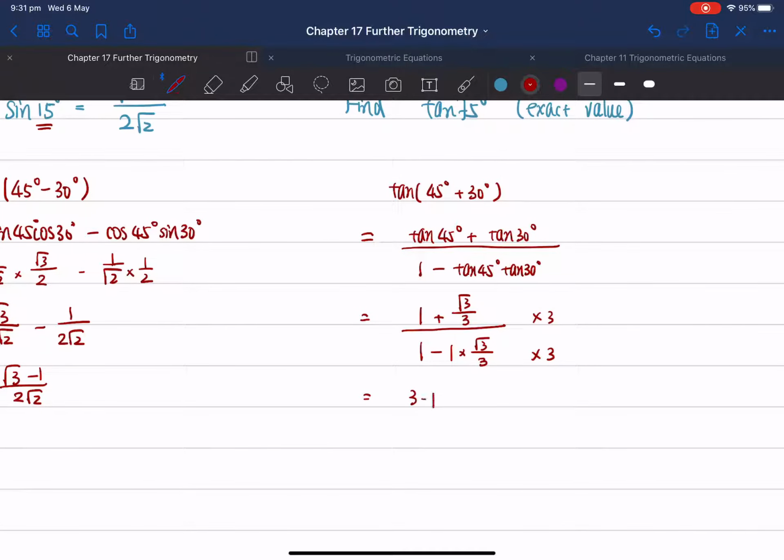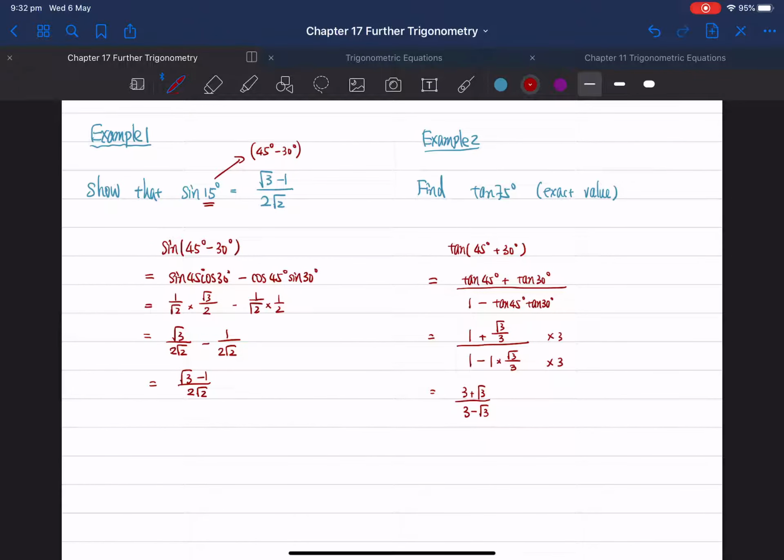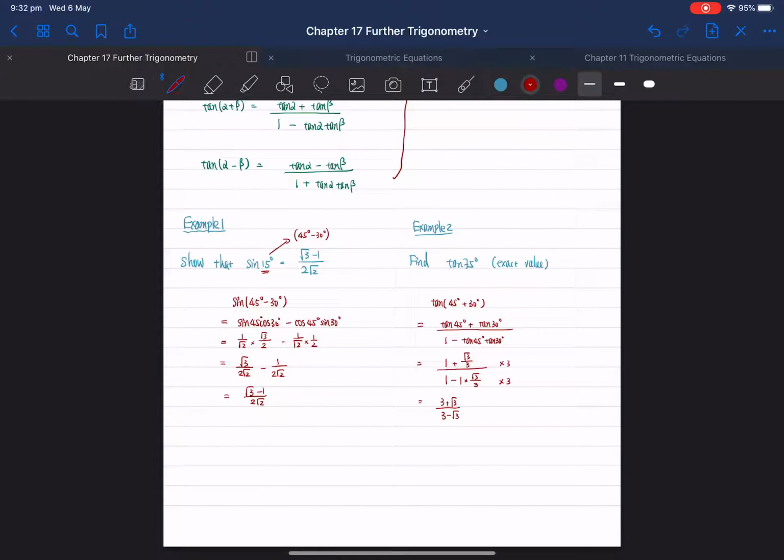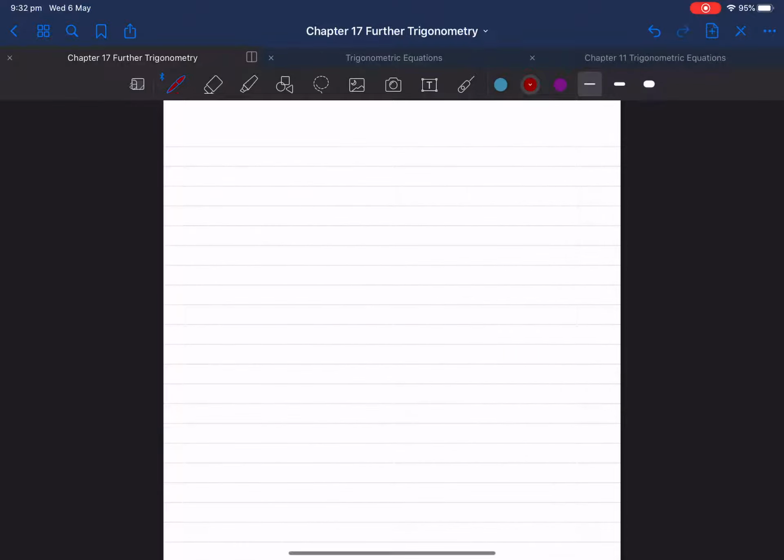So that gives you 3 plus root 3 over 3 minus root 3. You can rationalize the denominator if you want to, but I'm just going to leave the answer like that. It's not the rationalized form, but that's an exact solution, and that's using compound angles. So that's one type of question using the compound angle formula.